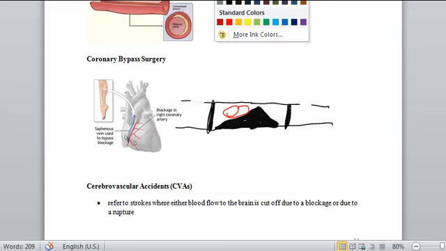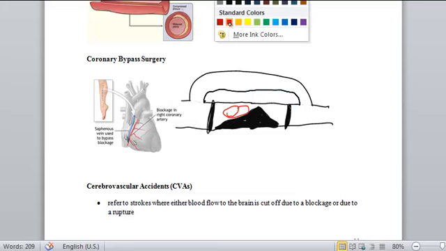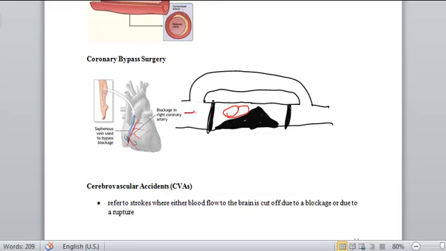And you've probably had grandparents or people you know, maybe unfortunately even parents, who have had this. My grandmother had a triple bypass last year, and now the blood flows through the bypass, around the blockage, and back to where it's supposed to go.